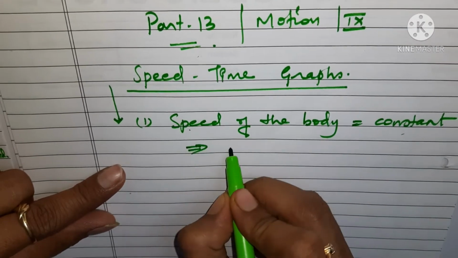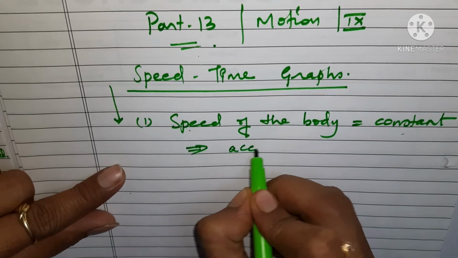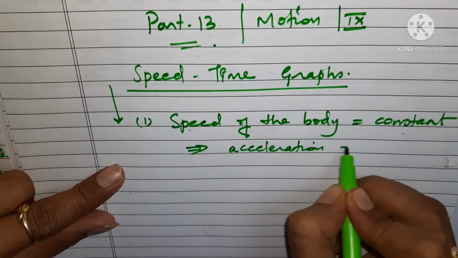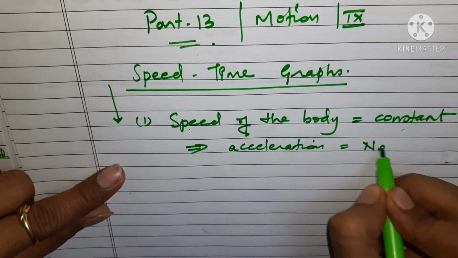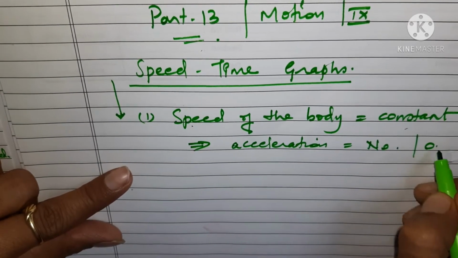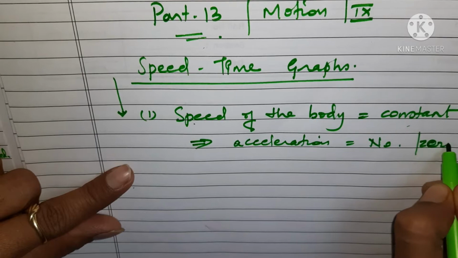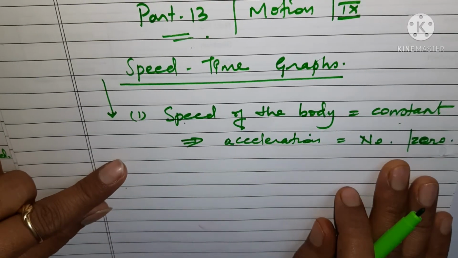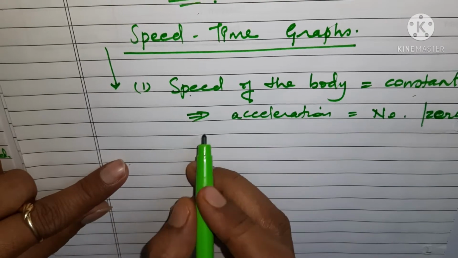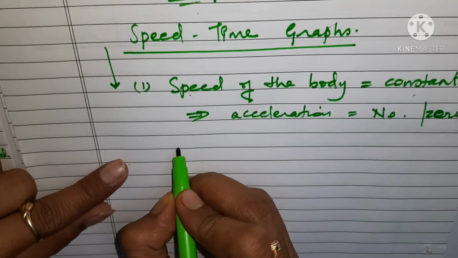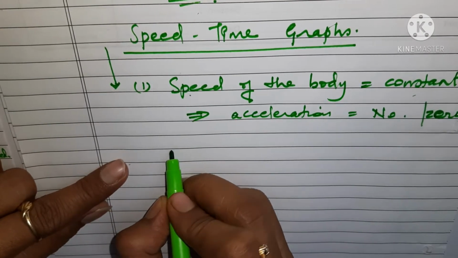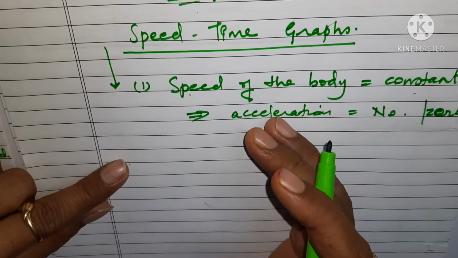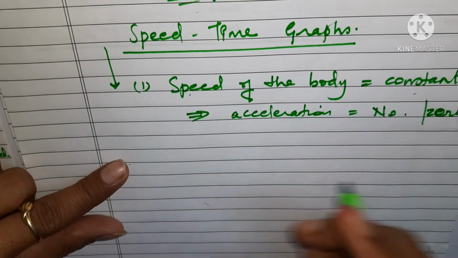So this implies that acceleration is zero. We don't have any acceleration in this case. Now what type of curve are we going to get? We are going to get a straight line, and that straight line is parallel to the time axis.